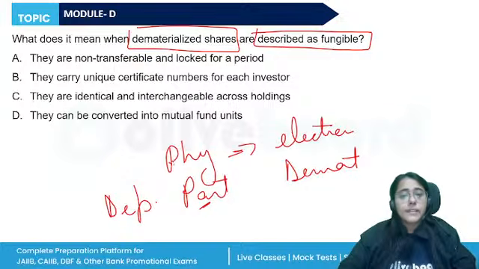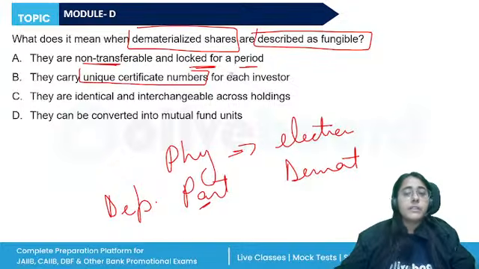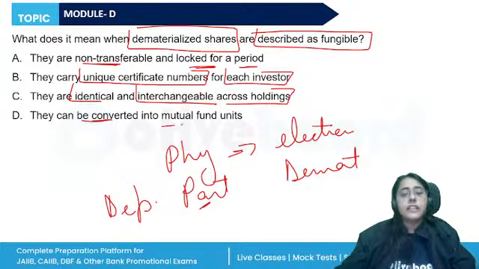So, what is the meaning of the securities being fungible? They are non-transferable and locked in for a period. They carry unique certificate numbers for each investor. They are identical and interchangeable across holdings. They can be converted into mutual fund units.